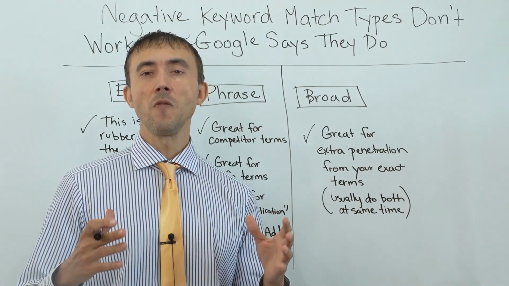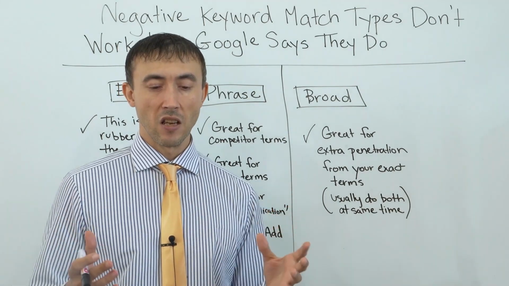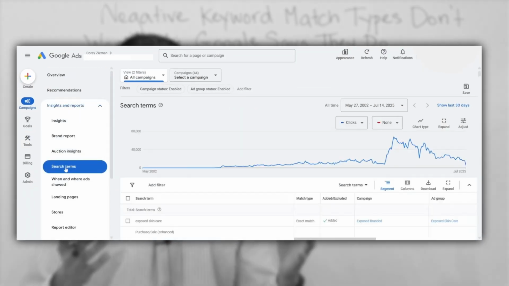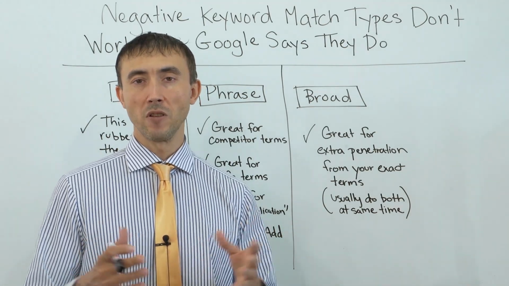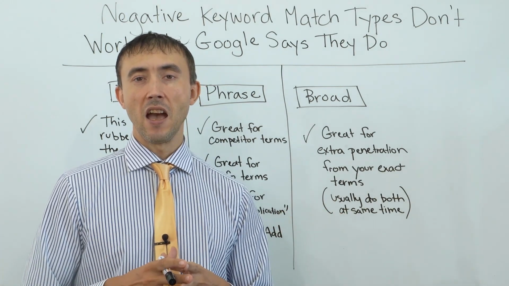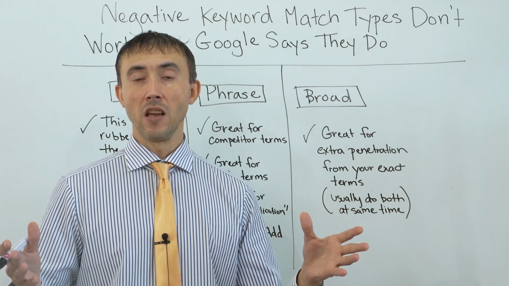If you want to add negative keywords, the typical way people do this is they look through their search terms report and then they see stuff that doesn't make any sense. So if they're targeting roofing services, they find people searching for roofing grants and they'll add that as a negative keyword. Now that's fine in a nutshell.